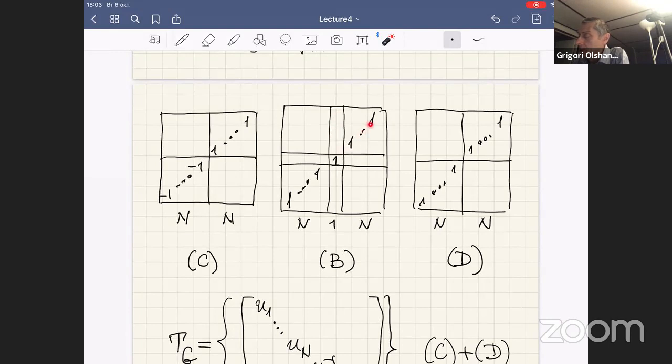But this does not give us anything, because here the condition is skew symmetry. So in Lie algebras we have zeros here. And finally, in type D, we still have skew symmetry, and we don't have this possibility.